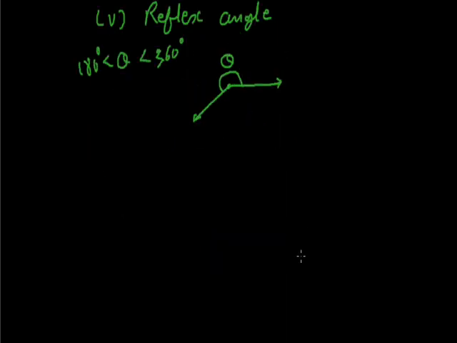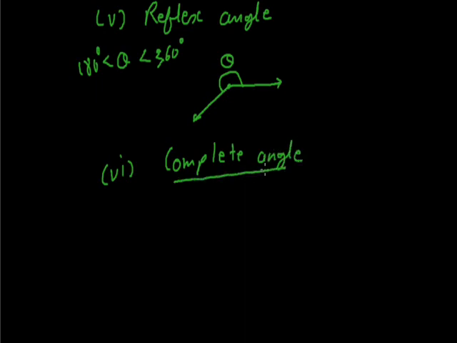After the reflex angle we have a complete angle. What do you mean by a complete angle? This is our initial ray and we rotate this ray in an anti-clockwise direction.